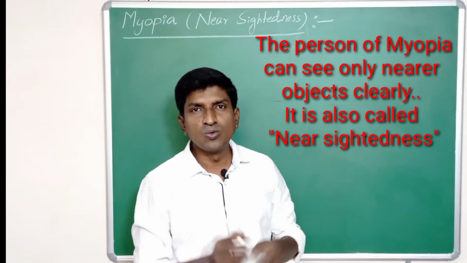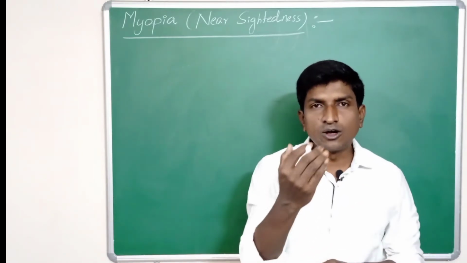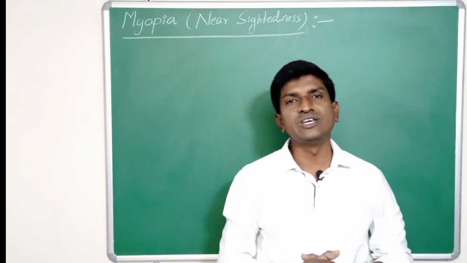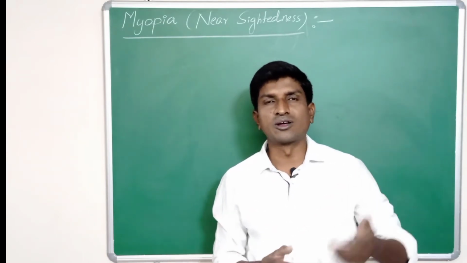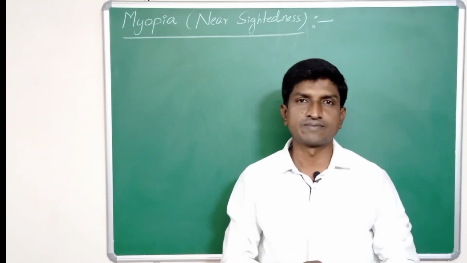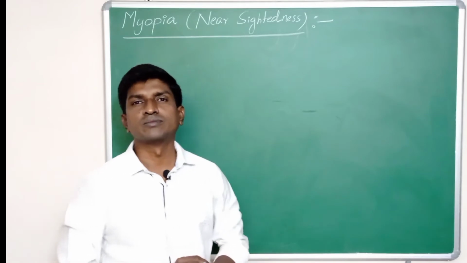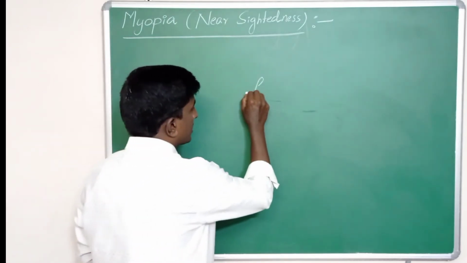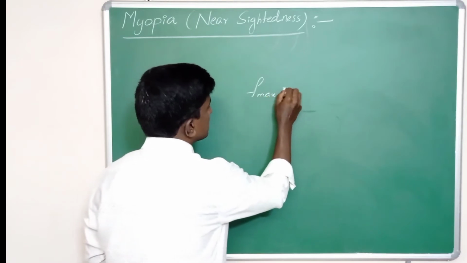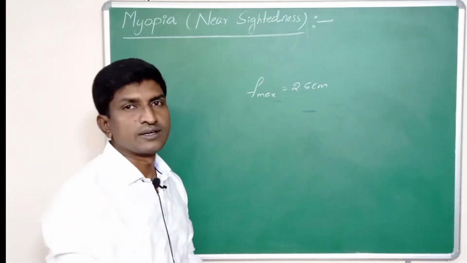The person who has the problem of myopia can see only the objects close to his eye, but he can't see the farther, distant objects. Then what may be the reason for this problem? We know that the maximum focal length of the eye lens is 2.5 centimeters.